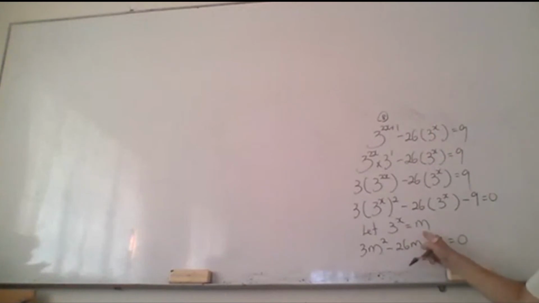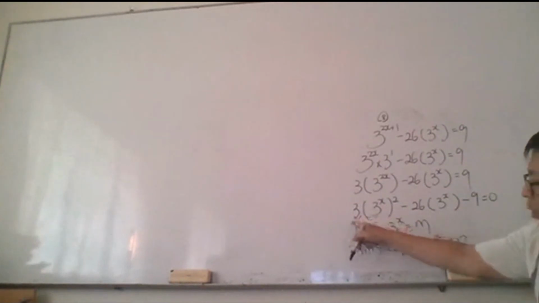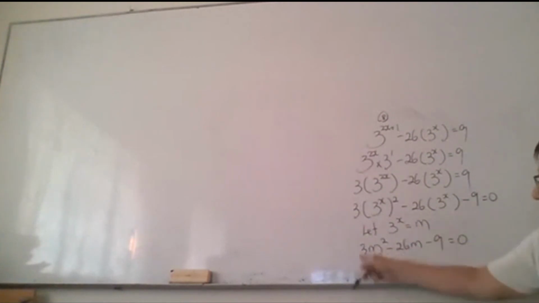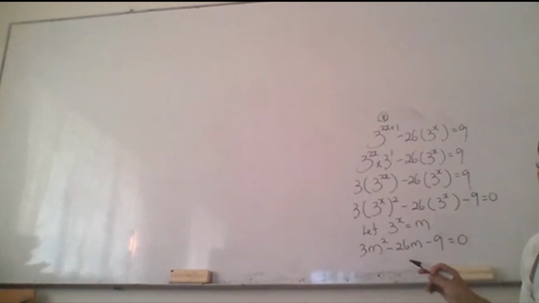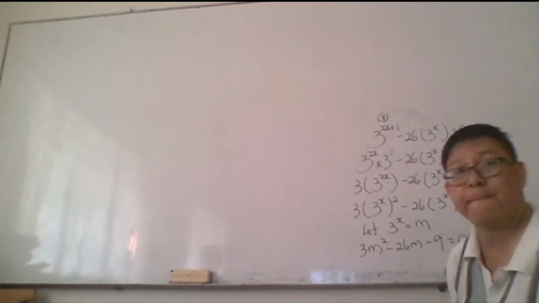When I substitute 3^x equal to m, the equation will become a quadratic equation in general form.